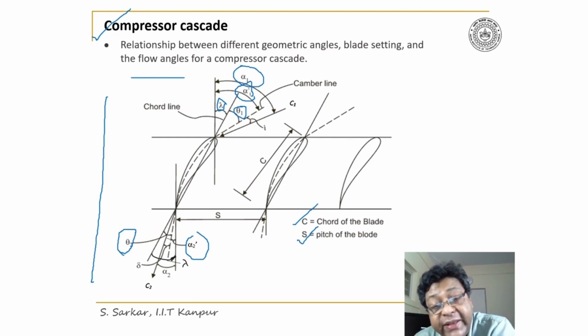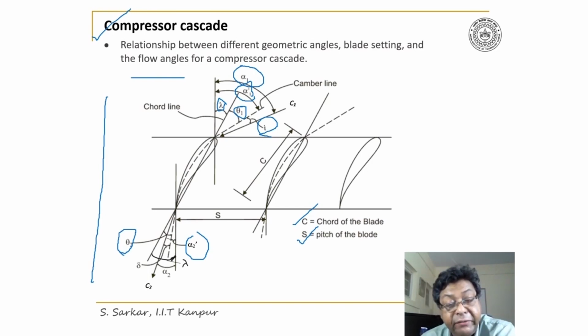So now I is the incidence. Incidence is the angle between the camber line and the inlet flow. Thus, alpha 1 dash plus I is equal to alpha 1. What I would like to say is, alpha 1 dash, the blade angle, plus angle of incidence is equal to the flow angle.